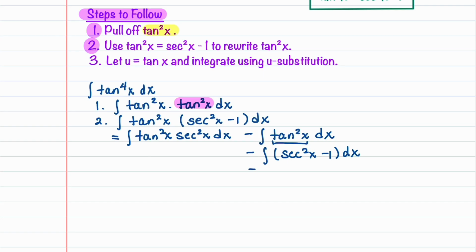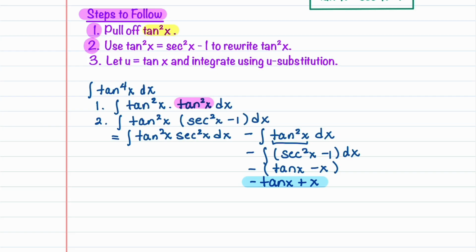This is minus the integral of secant squared is tangent x, and then the integral of minus 1 is minus x. So let's multiply this negative through. So this is minus tangent x plus x. I'm going to highlight this, and we are going to put that in our pocket and hold on to that until we finish the first integral.